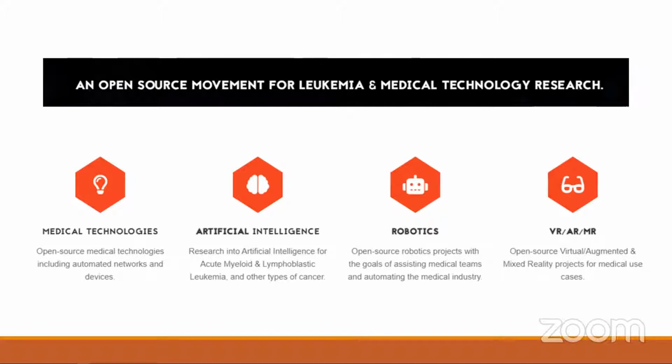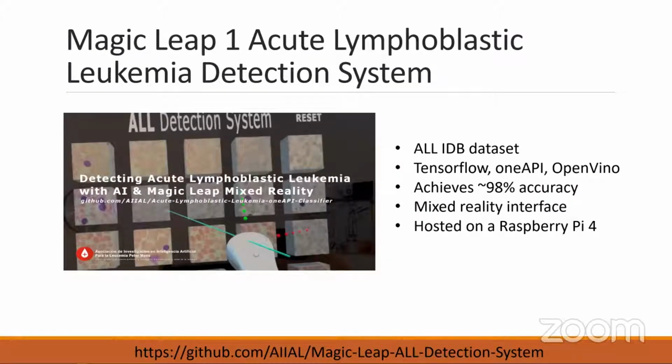So to make a brief comment about this mixed reality project, the Magic Leap Acute Lymphoblastic Leukemia Detection System that was developed in 2020 uses the Magic Leap 1 headset to display microscopic images of blood samples containing acute lymphoblastic leukemia positive and negative samples in mixed reality.